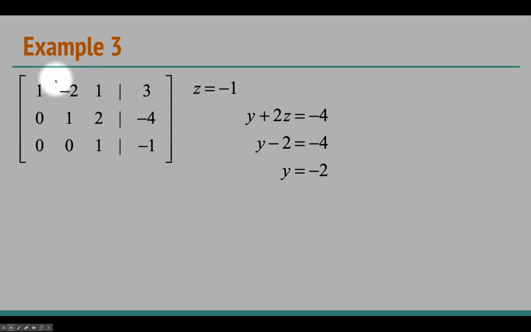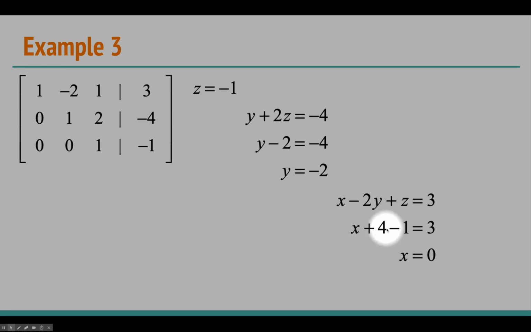The third part comes from row number 1, which says that 1x minus 2y plus 1z is equal to 3. So x minus 2y plus z is equal to 3, but I already know that z is equal to -1, and I also know that y is equal to -2. So -2 times y equals -2 is +4.